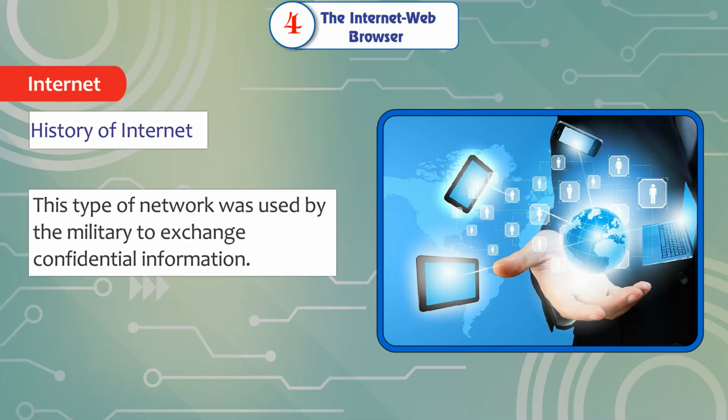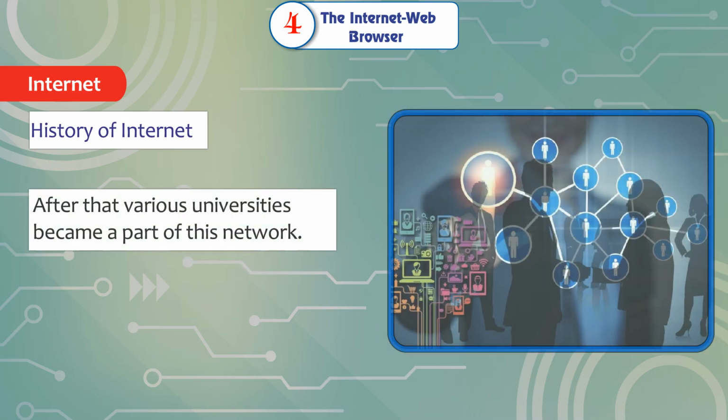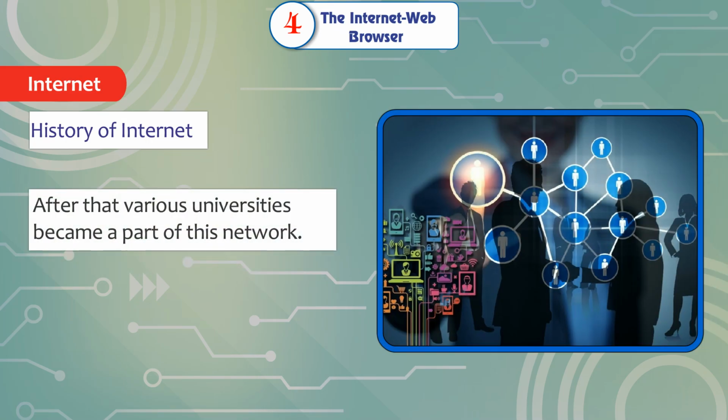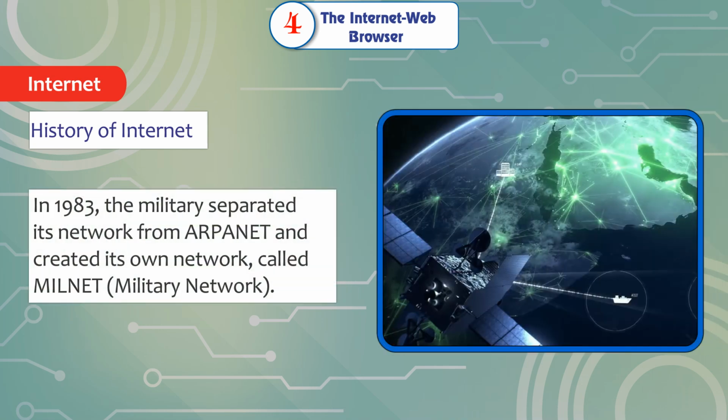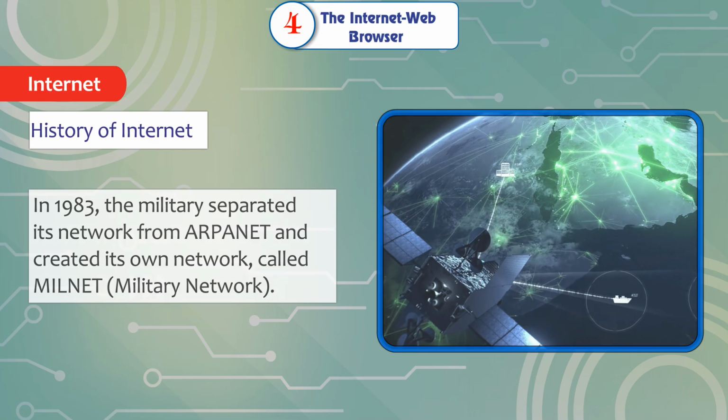This type of network was used by the military to exchange confidential information. After that, various universities became a part of this network. In 1983, the military separated its network from ARPANET and created its own network called MILNET, Military Network.